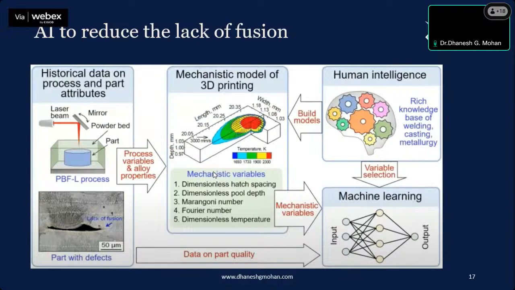We tell it that the data we have is only for maraging steel, and what we need to print is stainless steel, and we tell the machine learning what the difference is between these two materials. It will understand this content, and it will rewrite the optimized process parameters for us. And through this machine learning, we can find out which process parameter combination is better to reduce the lack of fusion defect.